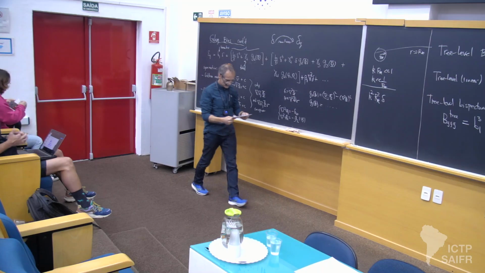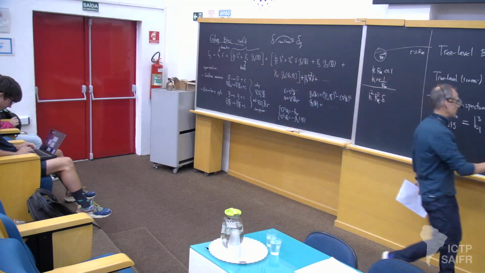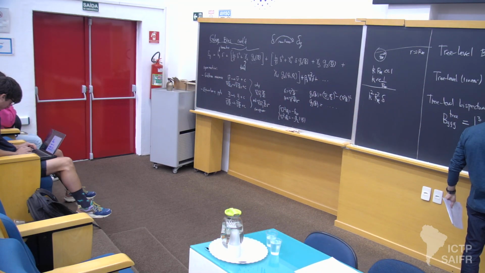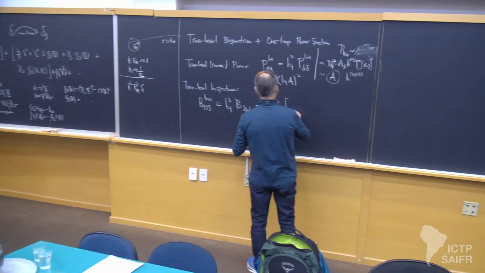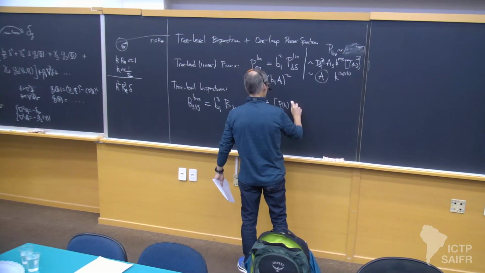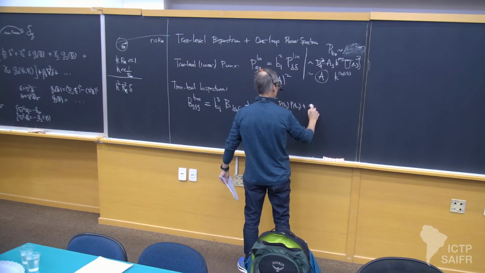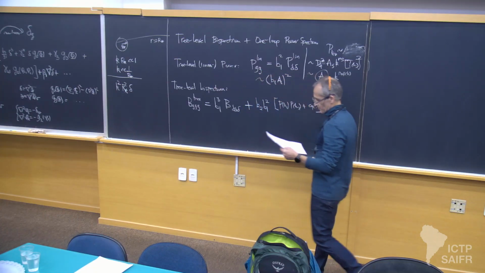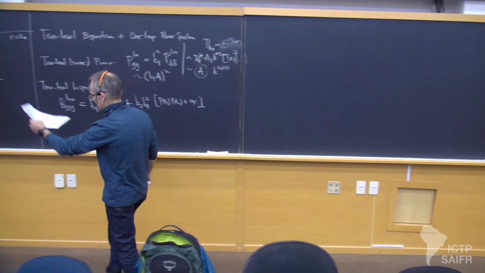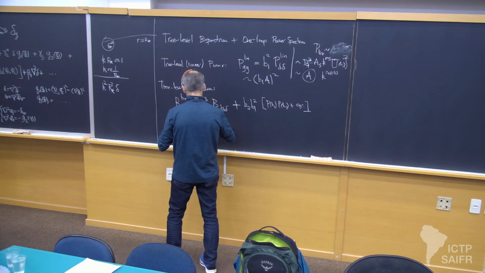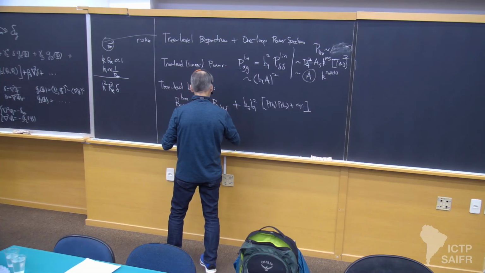So if you do the calculation following exactly what we did with the nonlinearity, you get 2 terms, one proportional to the quadratic bias b2, and the other one proportional to this tidal bias gamma 2.